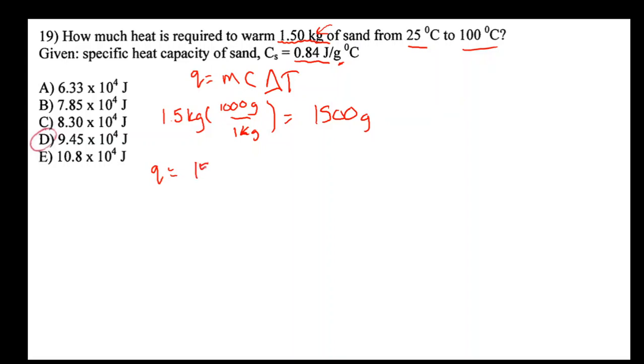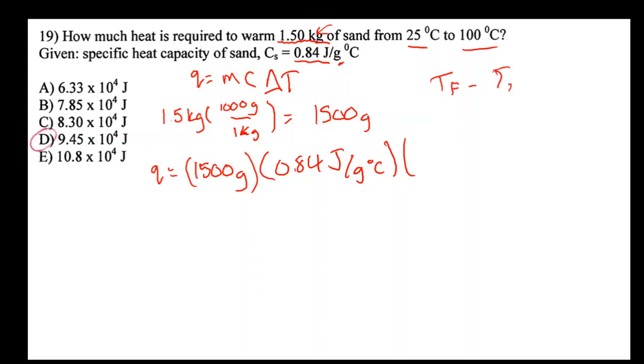So now we fill in our numbers. Our heat, Q, is equal to 1500 grams, which is the mass of our sand, times the heat capacity of 0.84 joules per gram degrees Celsius, times our delta T. Delta T, remember, is our temperature final minus our temperature initial.